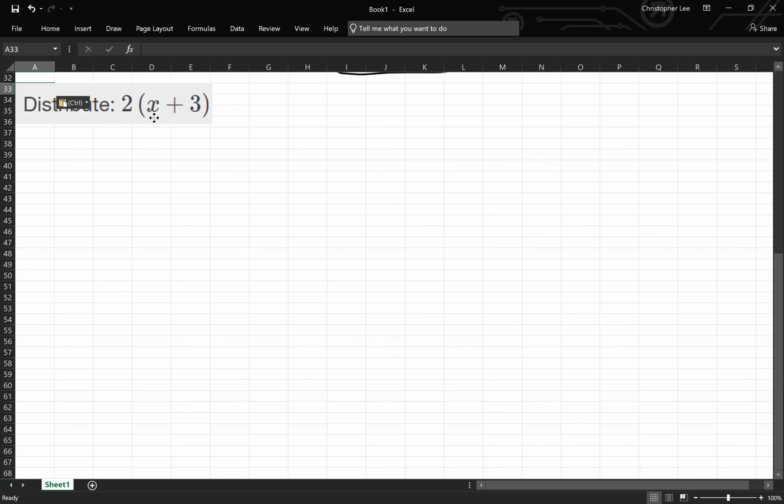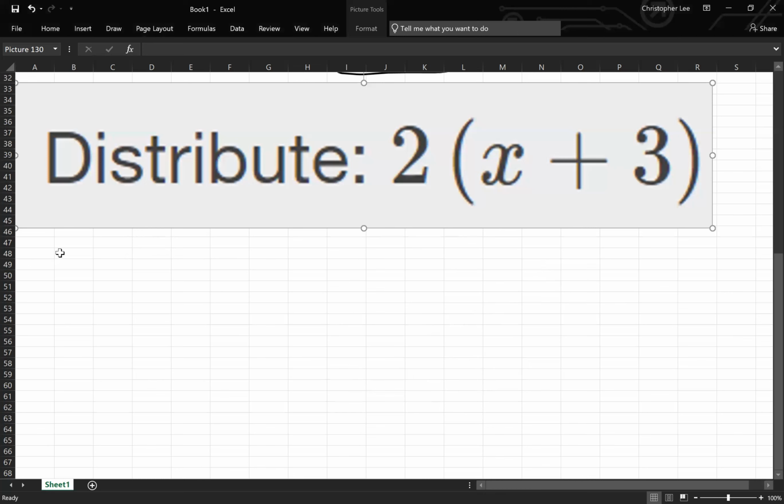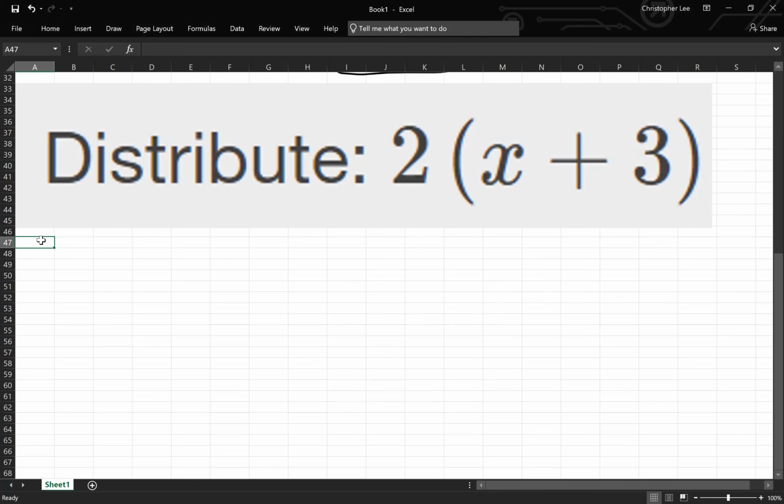So here you go. Check this out. I want you to distribute the 2 onto this binomial term here. Essentially, what am I asking you to do? I'm asking you to take the 2 and multiply it.